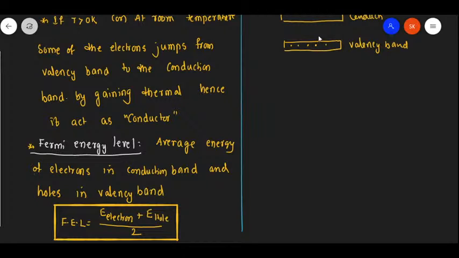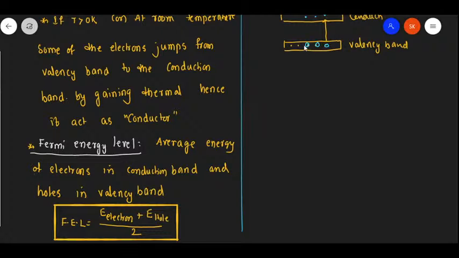When these electrons jump to the conduction band, a vacancy is created in the valency band, that is a hole, and the electron goes to the conduction band. Similarly, when electrons jump to the conduction band, vacancies are created in the valency band.